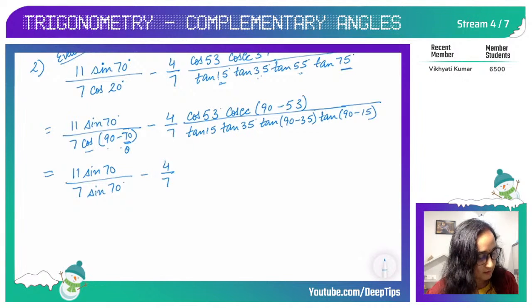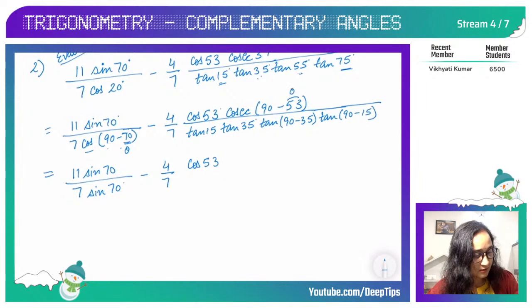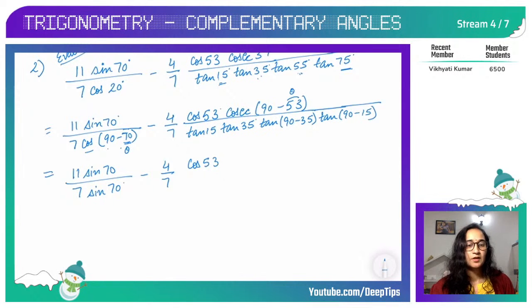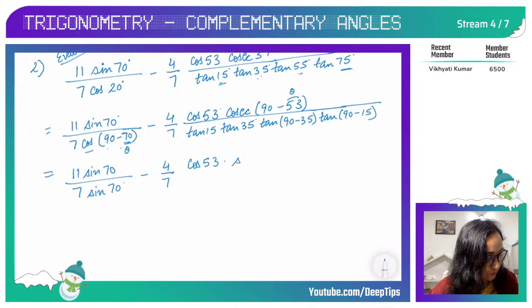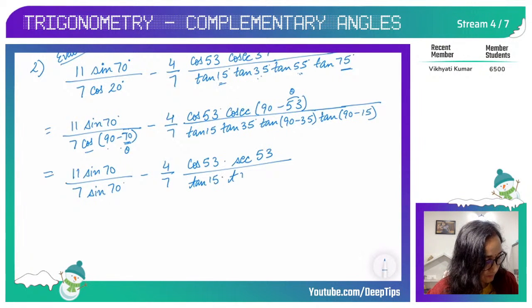Okay. Then cos 53, and then I have cosecant 90 minus theta, right? This is my theta here, 90 minus theta. So cosecant 90 minus theta is equal to secant theta. So I can write here into secant 53. Okay. Now next step in the denominator. So this is my tan 15 as it is, tan 35, I am putting dots.